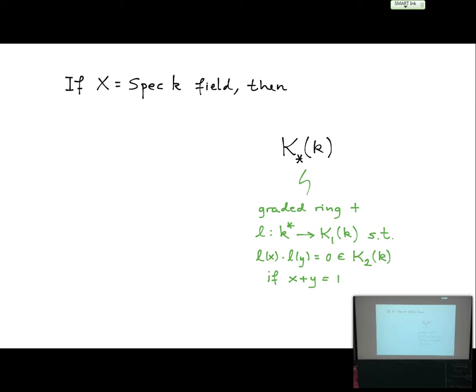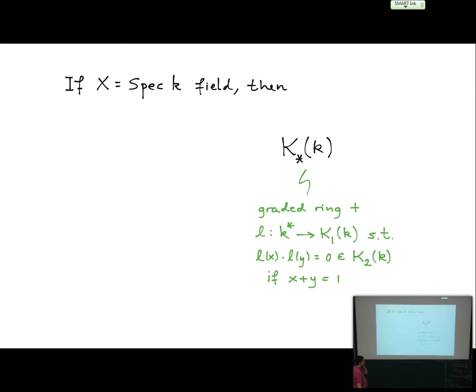So I will talk about this big de Rham-Witt complex, but in some respects it is similar to Milnor K-theory, so I will first explain Milnor K-theory. If X is Spec of a field, then the algebraic structure of K-theory is that it's a graded anti-commutative ring.